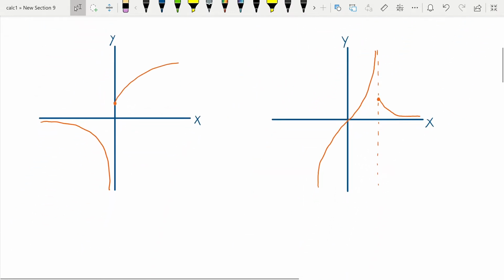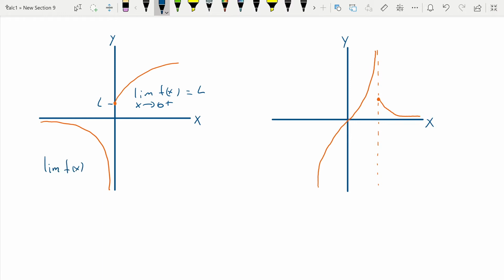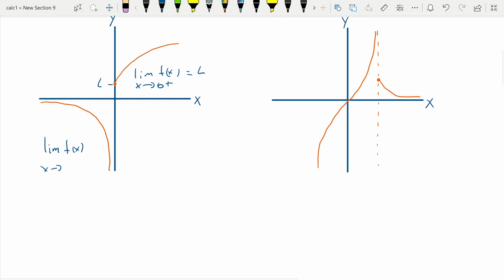It can also happen that you have a right-hand limit, like in this case, the limit of f(x) as x approaches 0 from the right is equal to a value L. However, the limit of f(x) as x approaches 0 from the left is minus infinity.